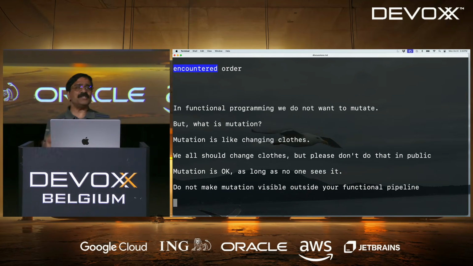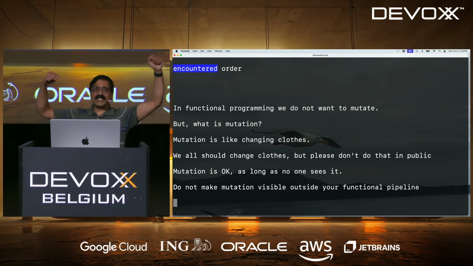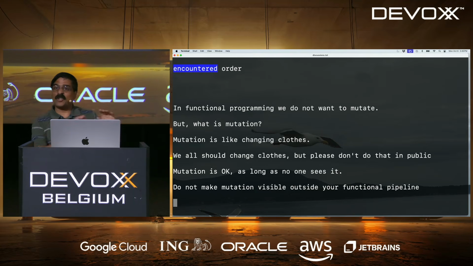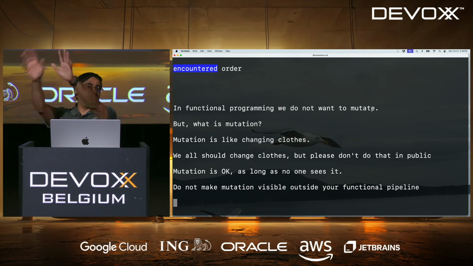Mutation is not bad, but mutation in a way it's visible is bad. So can I mutate data? You can do all you want. Just don't take a shared variable and then start mutating it, because a shared variable is visible from the outside. That is not something you should do. So mutation is okay as long as it's internal data. You shouldn't mutate a visible external data.